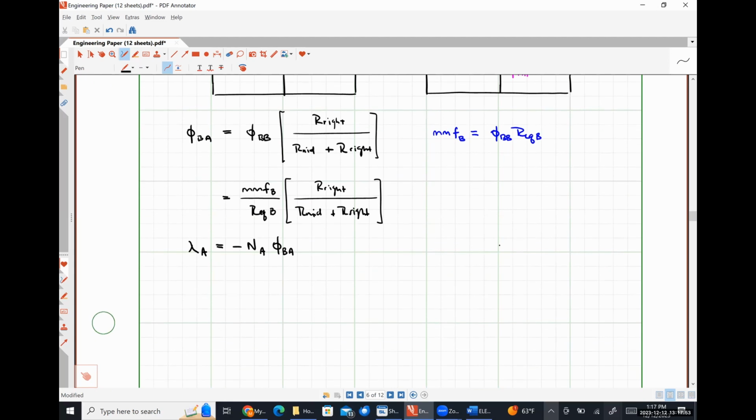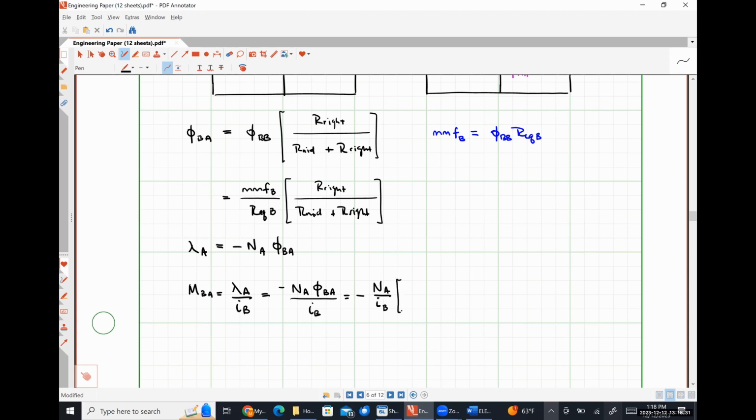So our mutual inductance, MBA, is going to be our flux linkage divided by our current. Well, our flux linkage we know to be negative NA times phi BA. Divide that by IB. So negative NA over IB.